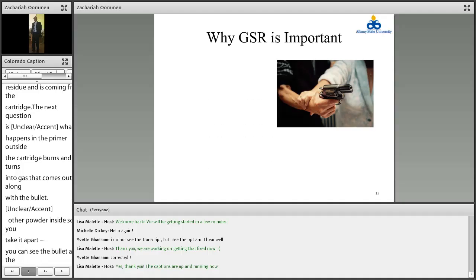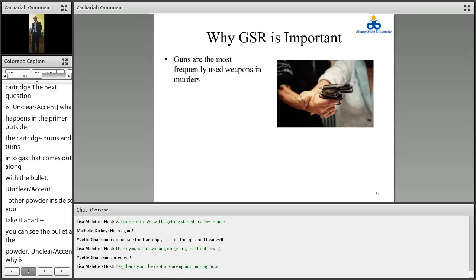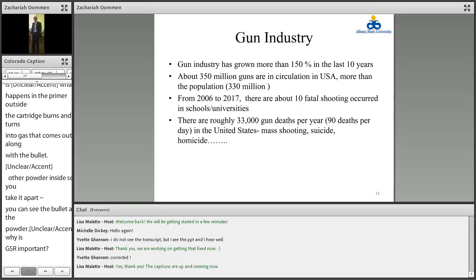So why is GSR so important? That is the next question, why we study GSR. As you know, guns are the most frequently used weapon for murders. More than half of the killings are because of the gun. And the gun industry has grown more than 150% in the USA.